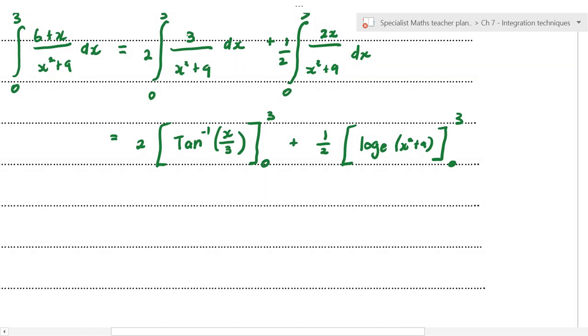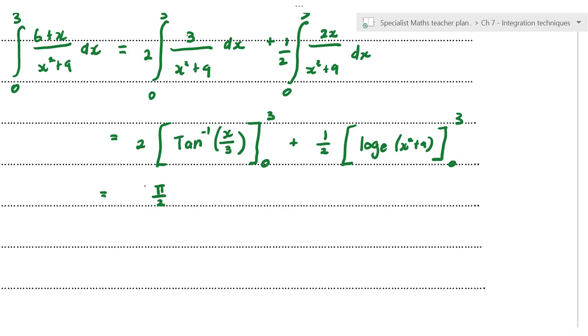Now, what we've got to do is evaluate. So 2 times arctan of 1, which is pi on 4, isn't it? So that's 2 times pi on 4, which is pi on 2. Now, arctan of 0 is 0, isn't it?